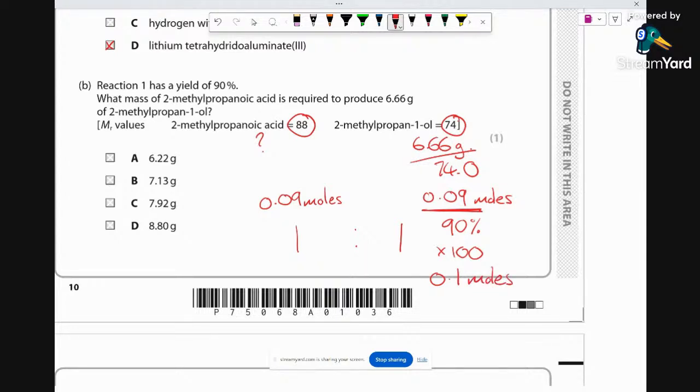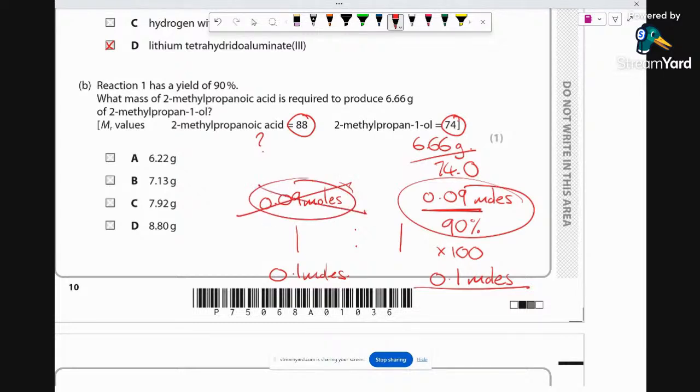If this is the 90%, the 100% would have been 0.1, which means I would have needed 0.1 moles of this guy. Agreed? If it had been 100%, I would have made that, but it made us 90%, which will give us this. I hope that explains my logic there. It's quite a complicated set of logic, but I hope you find that useful.